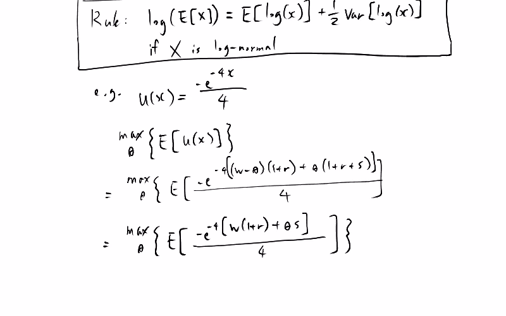Okay? All right. So this is the part where, without the rule, it's very hard to proceed further. What we are going to do next is, remember, the rule requires you to have a log enclosing an expectation. We don't have that here. But fortunately, we can add that. Why?